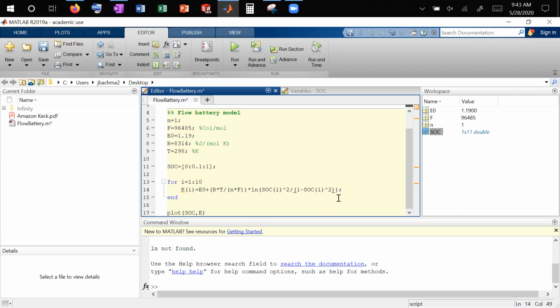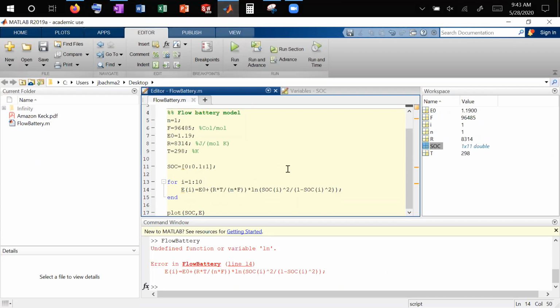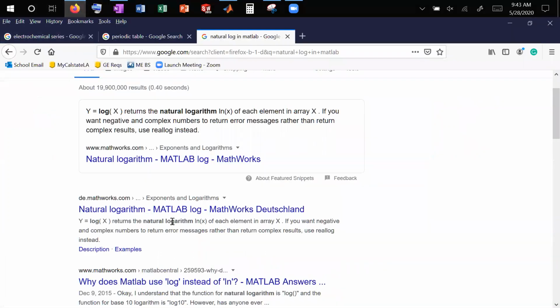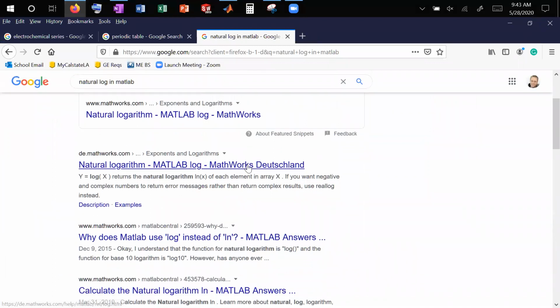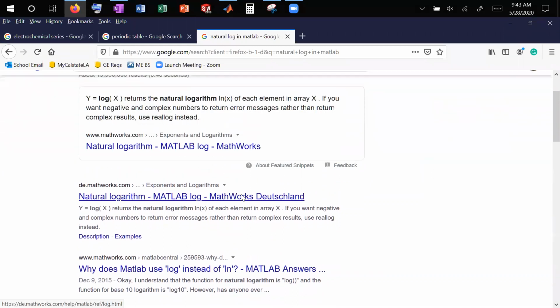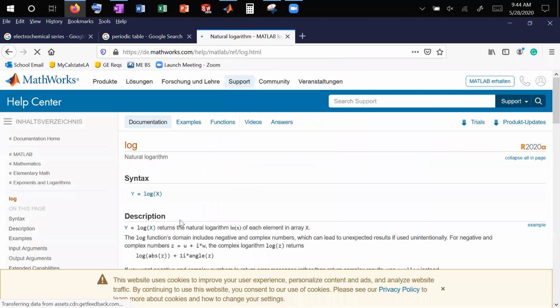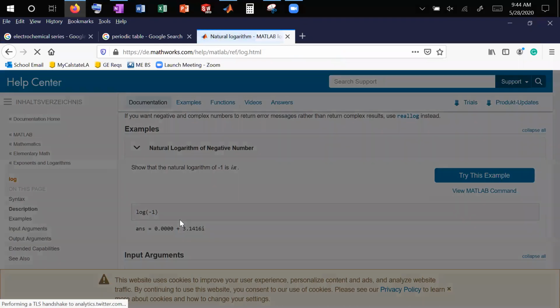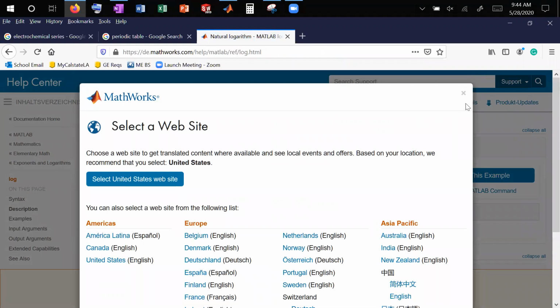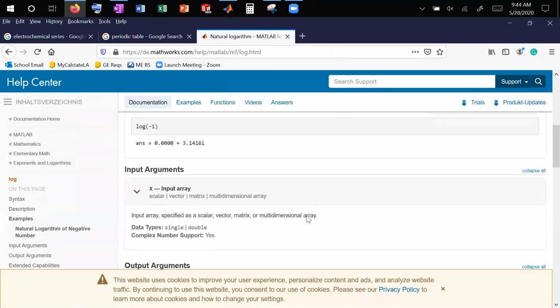If you go across a parenthesis in MATLAB, you can see which one it matches up with. No, it doesn't like ln. Debugging is the best, huh? What is natural logarithm in MATLAB?